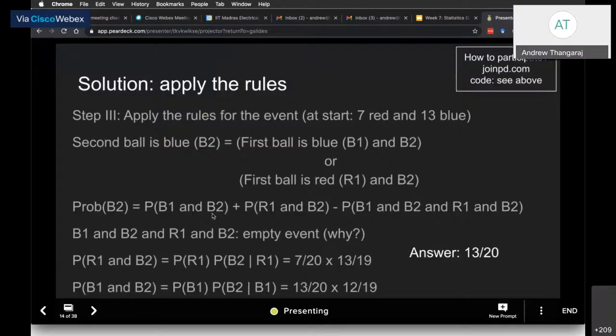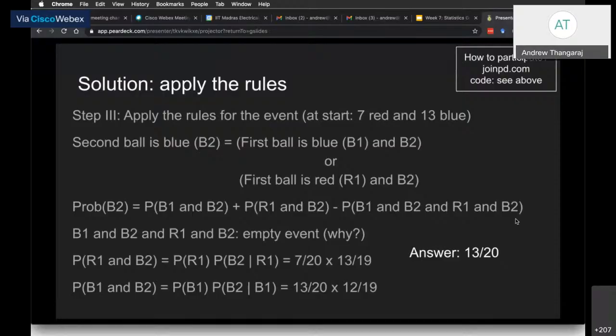Probability of event 1, B1 and B2, plus probability of event 2, R1 and B2, minus probability of event 1 and event 2, which is B1 and B2 and R1 and B2. Is that okay? So you use that rule. There's nothing fancy here. You have event 1 or event 2, you use the rule. That's it. It's very simple.